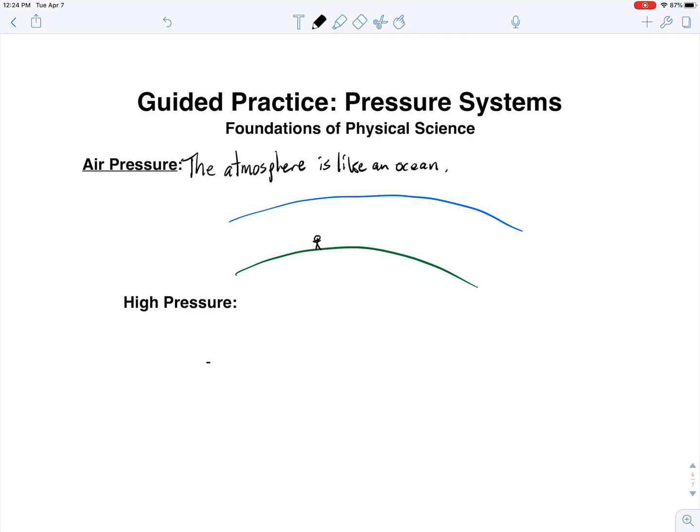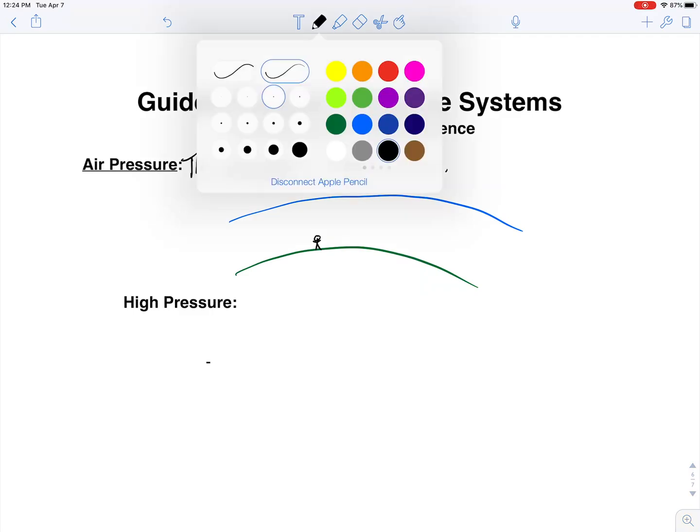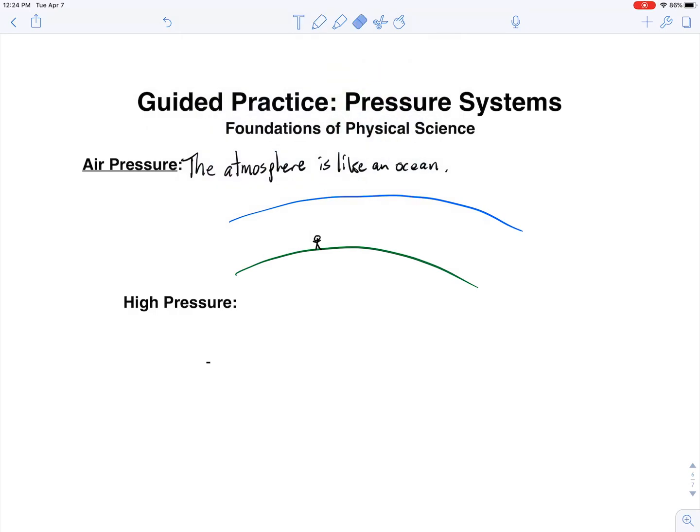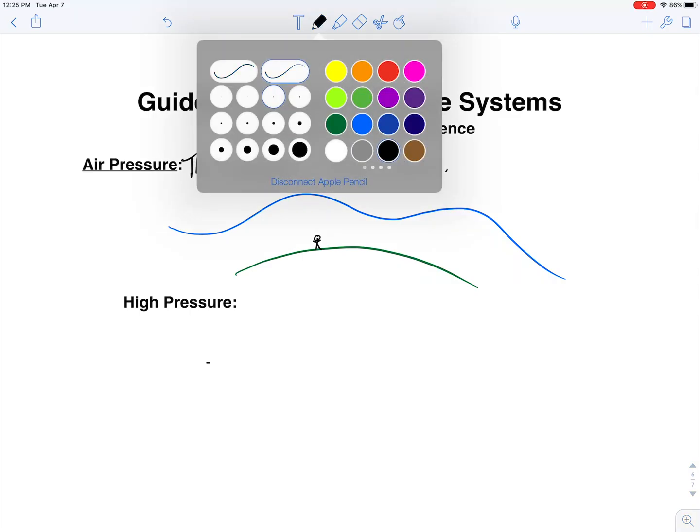But here's the thing. We like to draw our atmosphere like that and think of it as this nice, round sphere of air that envelops the Earth. We call it Earth's Snuggie, right? It's keeping us warm. But in reality, that's really not the case. If it's like an ocean, the ocean isn't always calm, right? So what we end up with is this, and this is way exaggerated, but that is probably a more realistic idea of what that ocean of air around the Earth is.